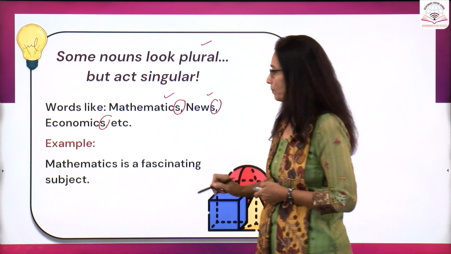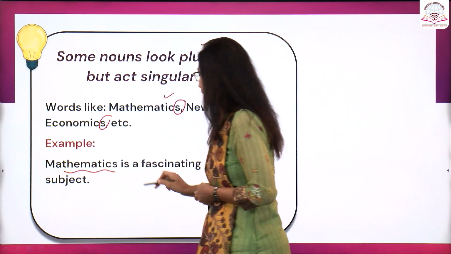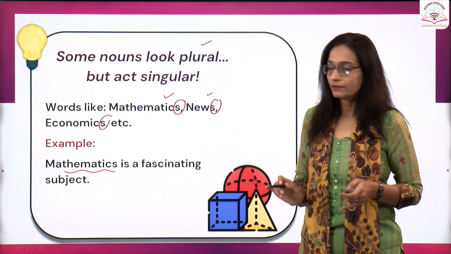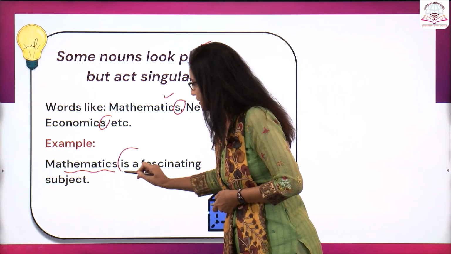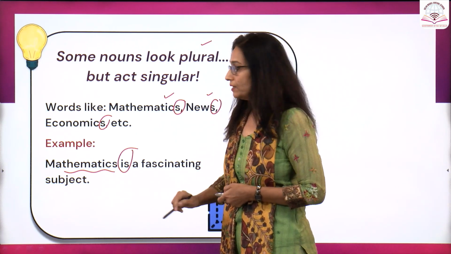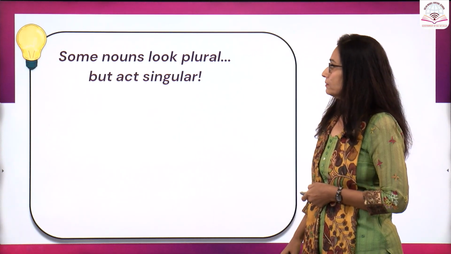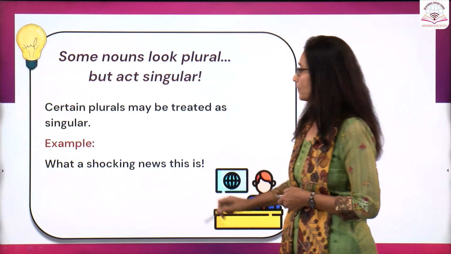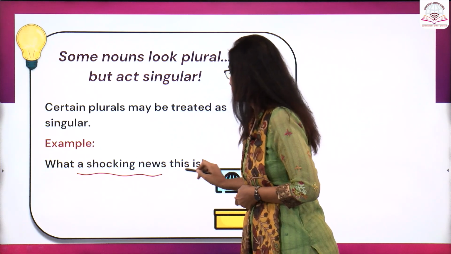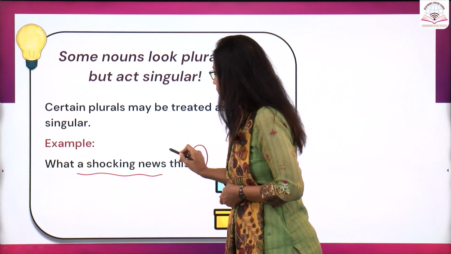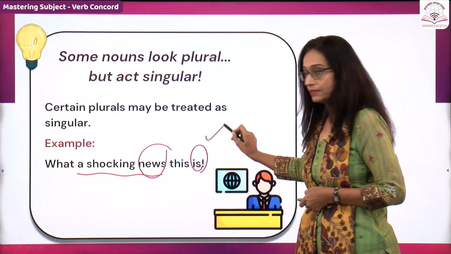Let us see the example. Mathematics is a fascinating subject. So here we are using is because mathematics is acting singular. The next example, what a shocking news this is. So for news we have used is.